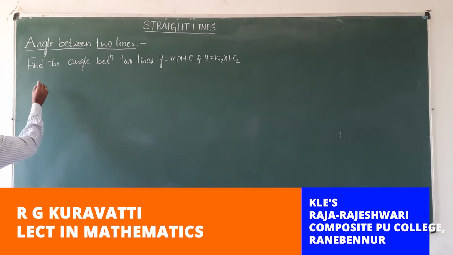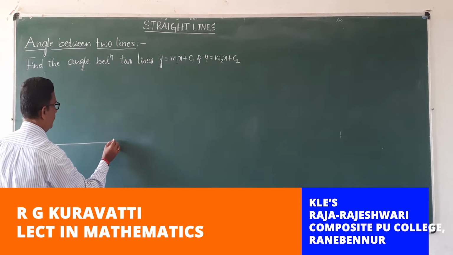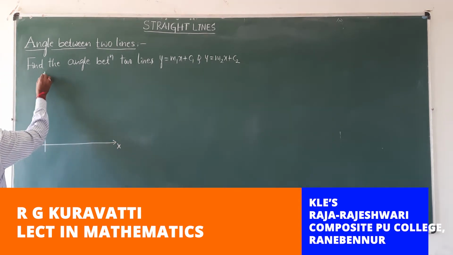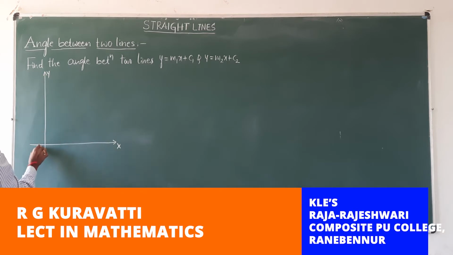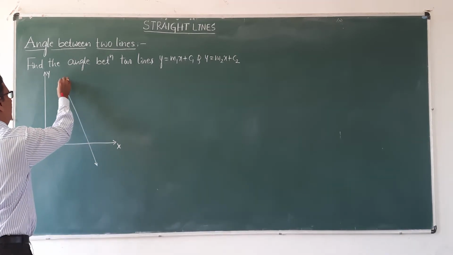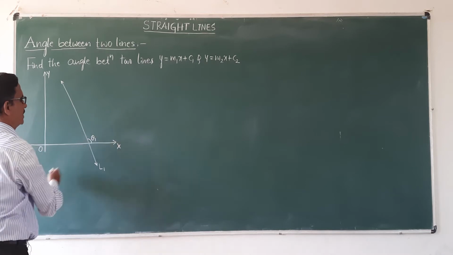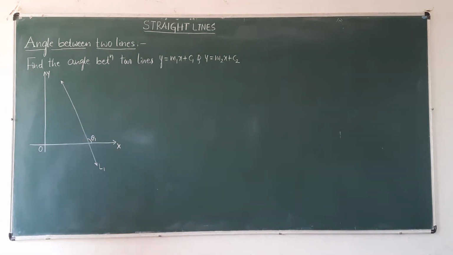Now to find the angle between those two lines, look here. Let there be x and y axes, horizontal line is x axis, vertical line is y axis, O is the origin. If a straight line, first line, say L1, makes an angle theta 1 with positive direction of x axis, then that is known as slope of line.